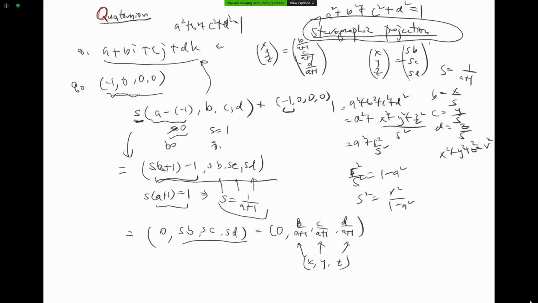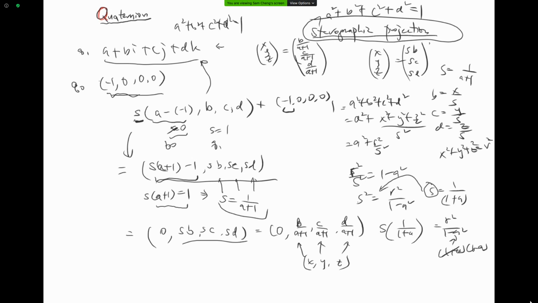Now I remember also s is equal to 1 over 1 plus a. So therefore I can substitute one of the s on this side here. Then 1 minus a squared is equal to 1 plus a times 1 minus a, so one of these gets cancelled.